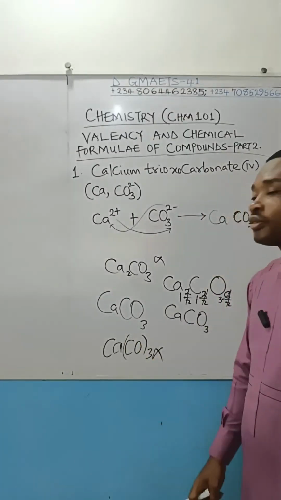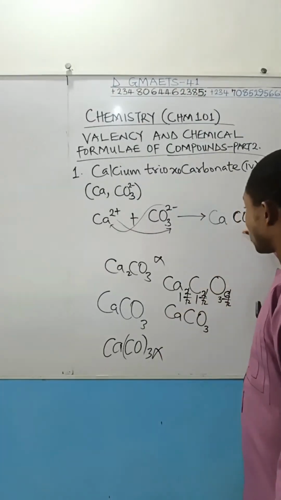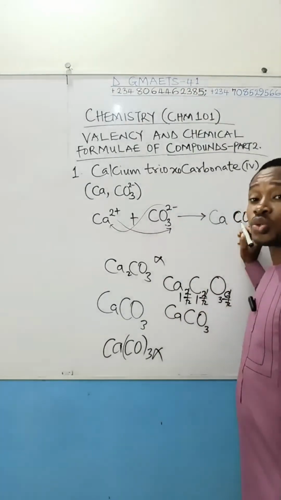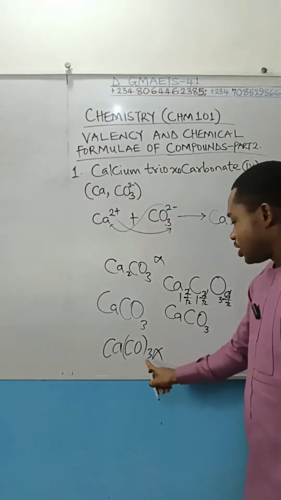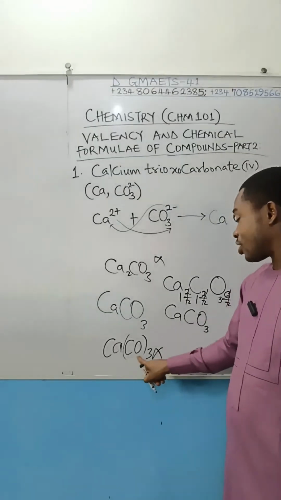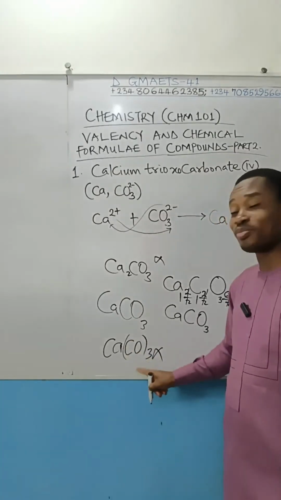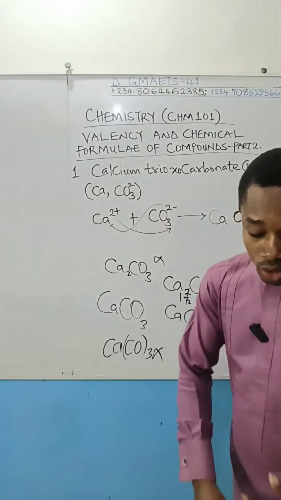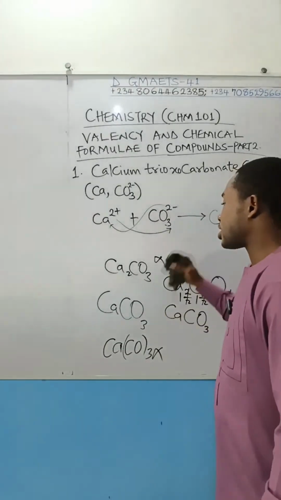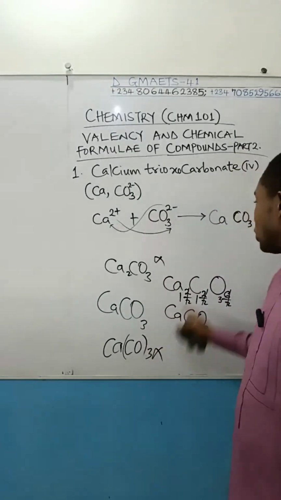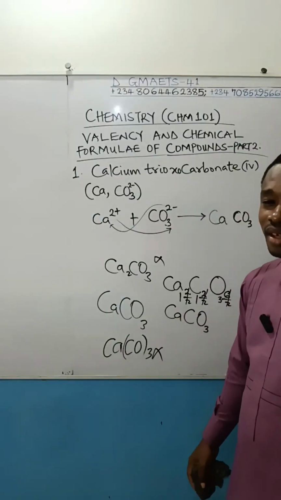This is wrong, because from what we saw here, the atomicity of carbon is 1. This thing I wrote here, the atomicity of carbon and oxygen together is 3. Since they are in bracket with these 3 outside, the 3 is affecting both of them. So you take note when you're dealing with the correct chemical formula of calcium trioxocarbonate 4, this is the correct thing. Is that okay?